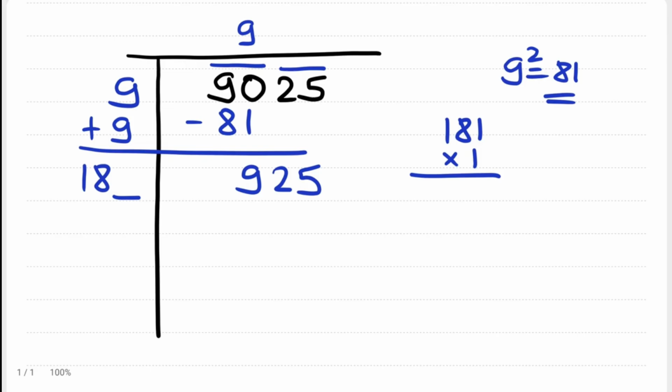Now 925 has 5 in its ones place. We have to take that number only whose square contains 5 in its ones place. Like 5 square has 5 in its ones place. So we will go with 5. 185 multiplied by 5.